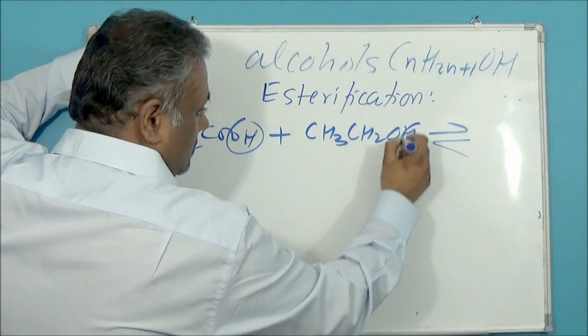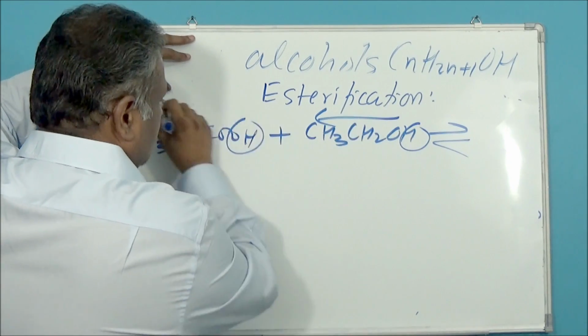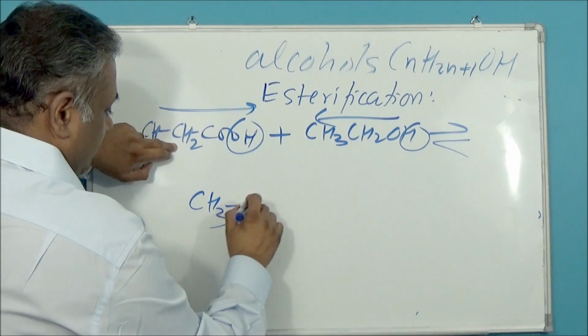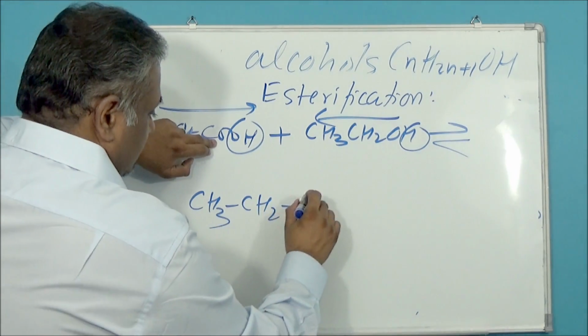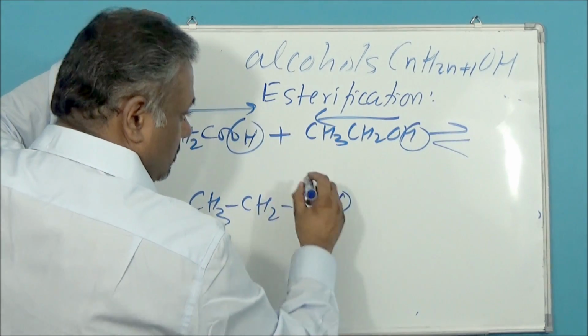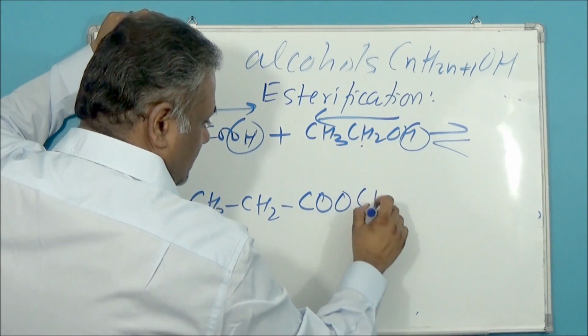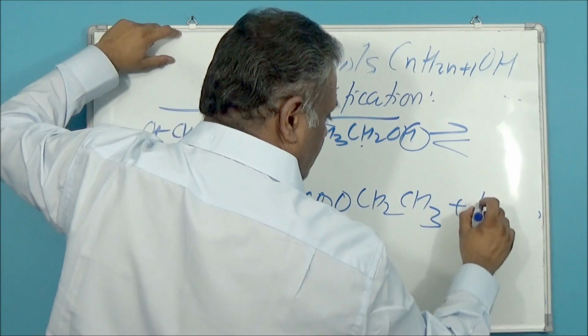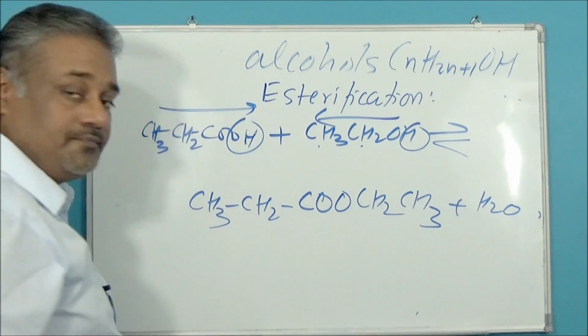From the alcohol, remove this. Go this way, go this way. So, what is left is CH3, CH2, CO, and then you come here and go this way. So, it's O, and then you have this carbon, CH2, then you have this carbon, CH3 plus H2O. There you go, that's the ester.